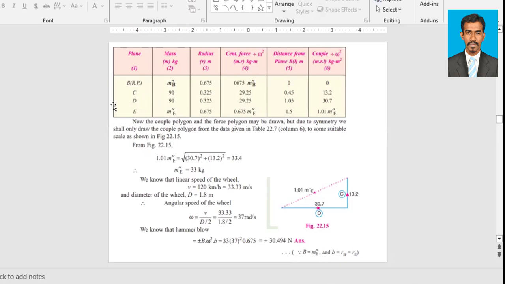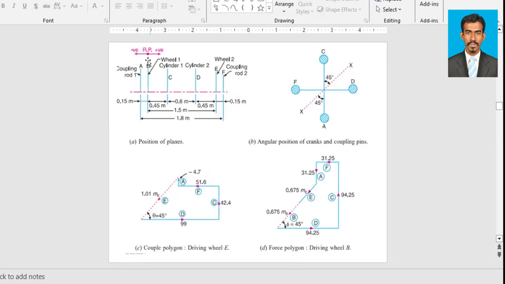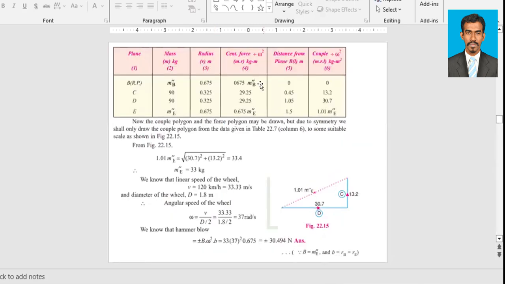We have already found the reciprocating masses which need to be balanced are 90, and the balancing masses are m double dash b and m double dash e, which are going to be placed at planes B and E, right? Planes B and E, we are going to place the balance masses to calculate the hammer blow. All right. So these data are same.